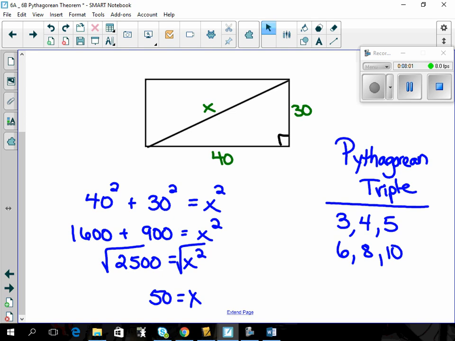Now, on the right-hand side, I have listed some things called Pythagorean triples. They are simply numbers that satisfy the Pythagorean theorem. We'll talk more about this next class, but if I typed into my calculator, 5 would be the hypotenuse because it's the longest side, but 3 squared plus 4 squared should equal 5 squared.